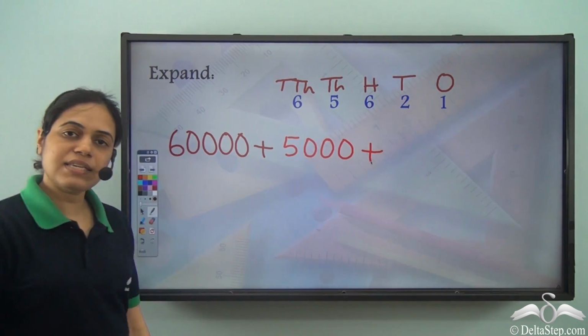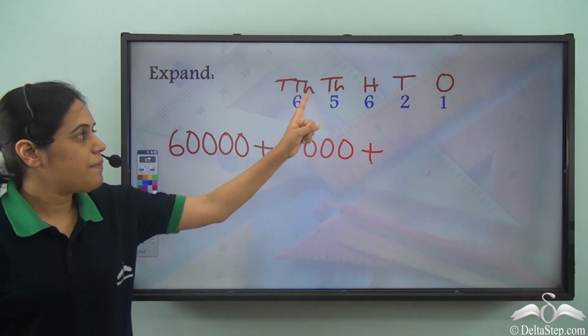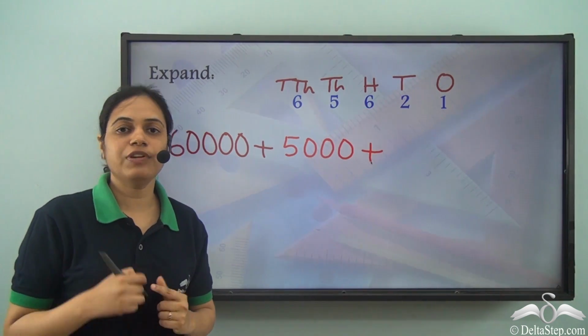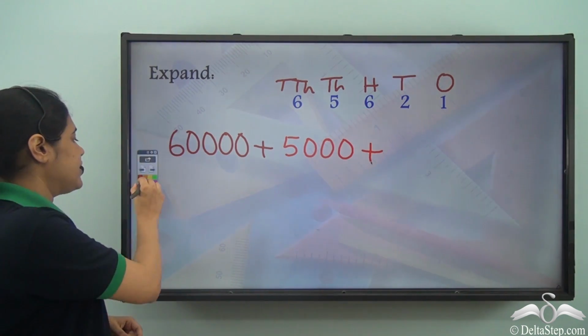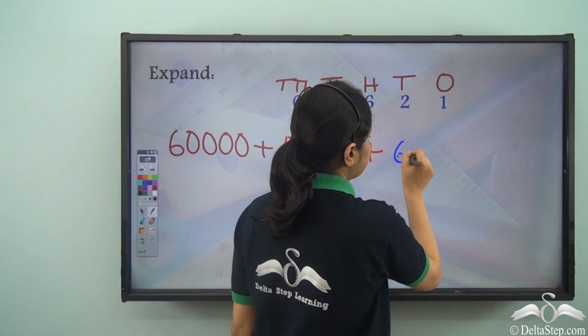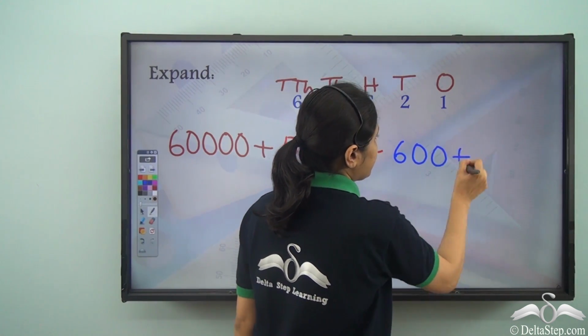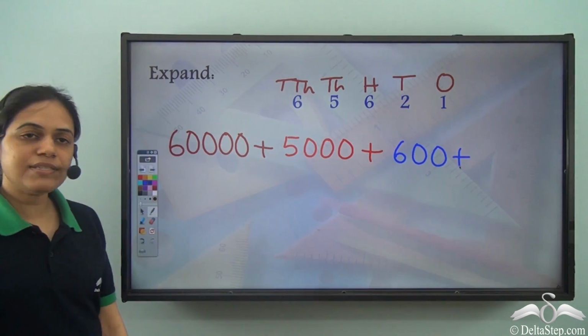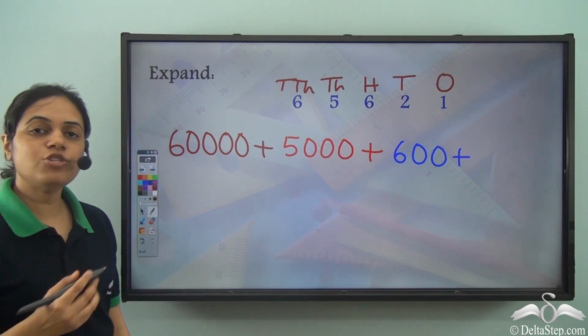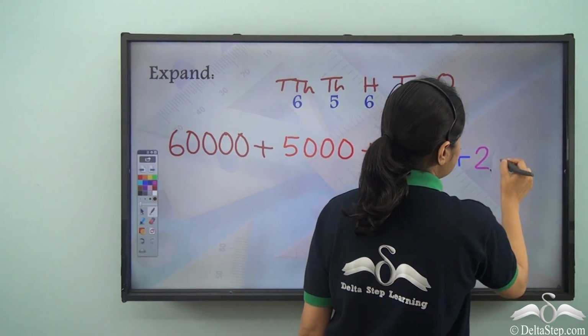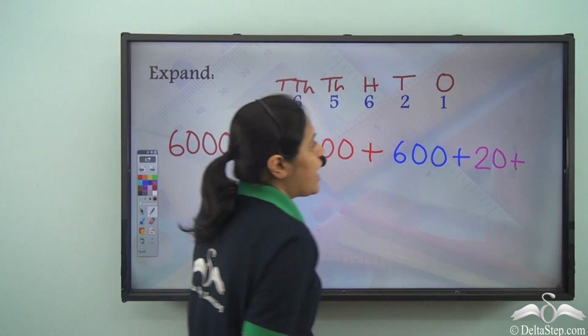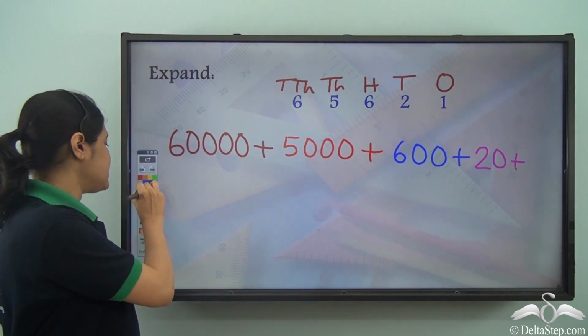Once again 6 is there in the hundreds place. But this time the place value will be 6 into 100. That is 600. I have 2 in the tens place. So the place value will be 2 into 10. That is 20. And I have 1 in the ones place.